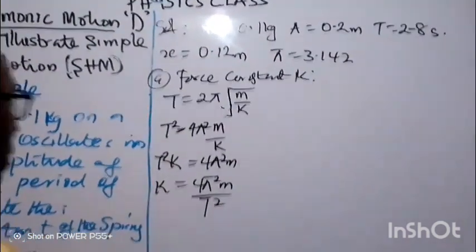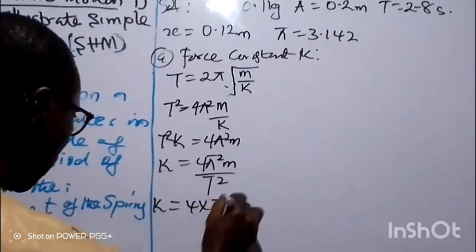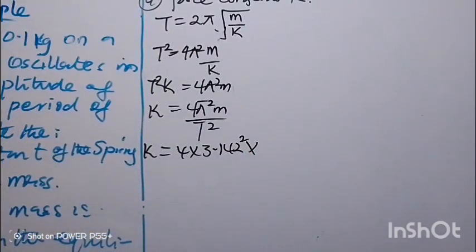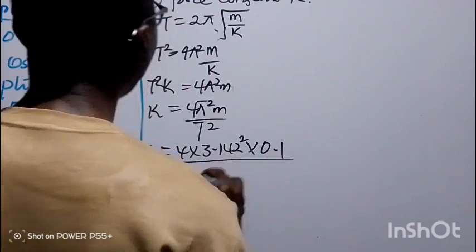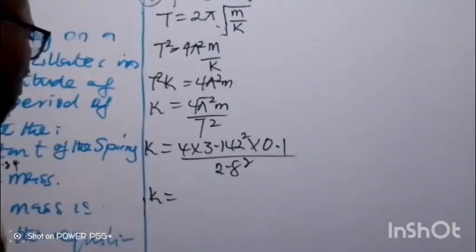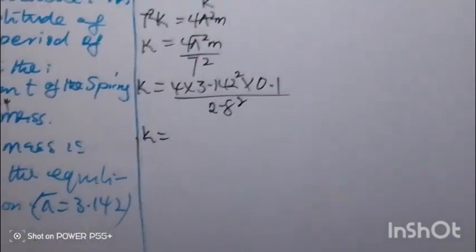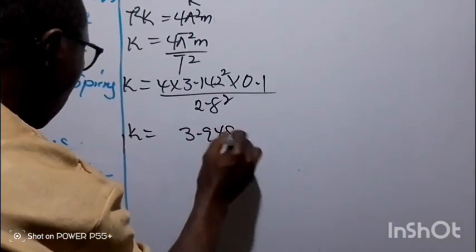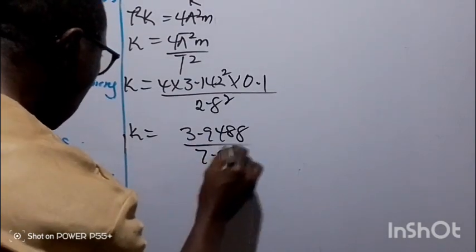Now, put in the values: K is equal to 4 multiplied by 3.142 squared multiplied by mass, that is 0.1, then divided by period squared, that is 2.8 squared. Now 4 multiplied by 3.142 squared multiplied by 0.1 will give us 3.9488, then over 7.84.